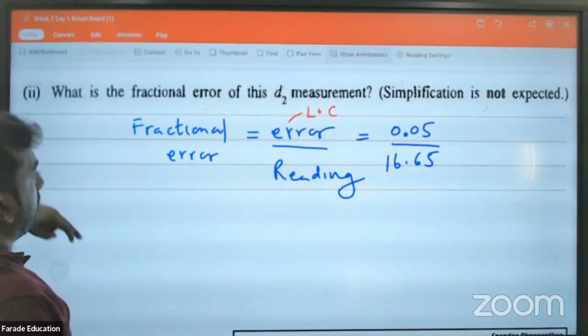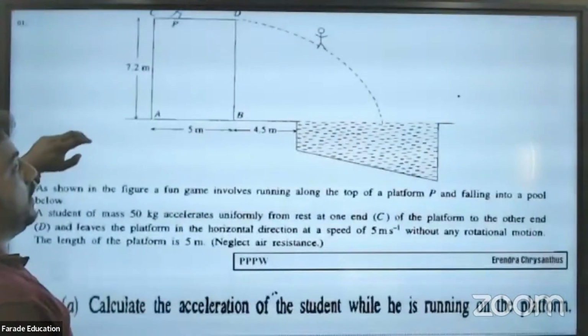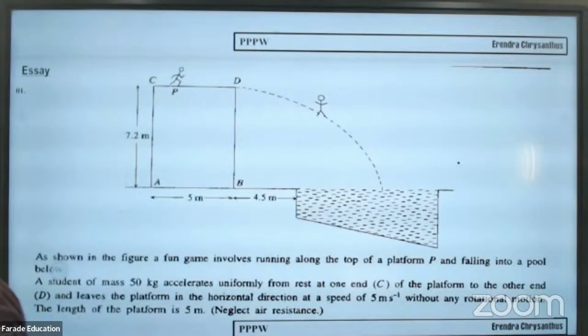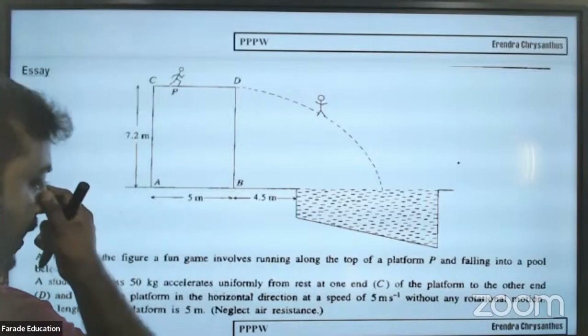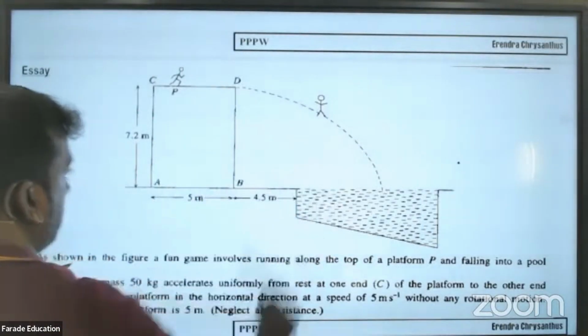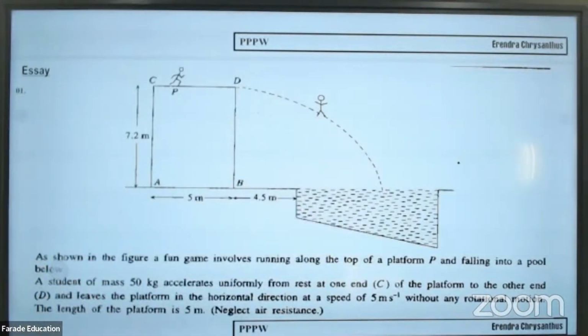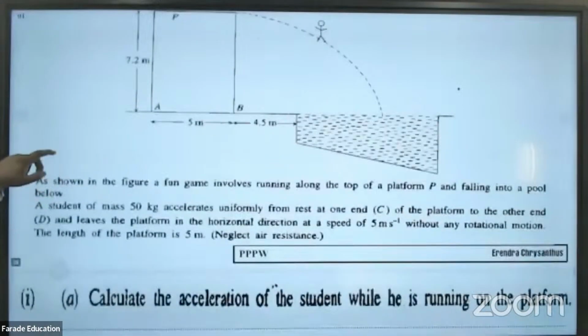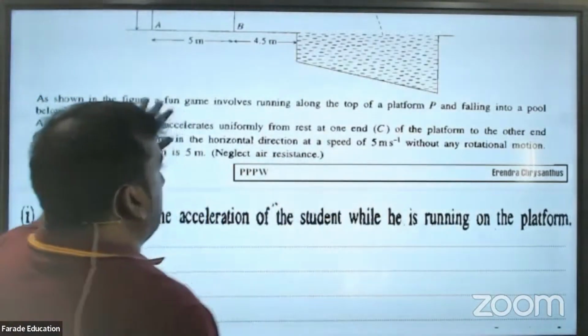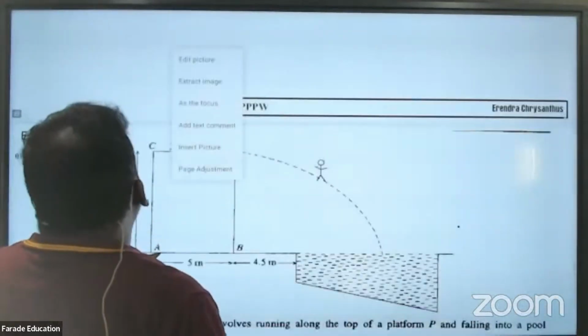Right. Moving on. We are into the essay question as well. What's the question? As shown in the figure, a fun game: a person has to run along the platform and jump. A student of mass 50 kilograms accelerates from rest and leaves the platform with a speed of 5 meters per second without any rotation.